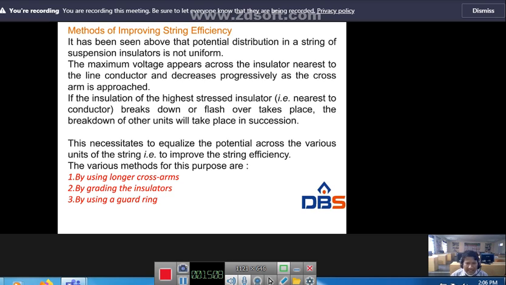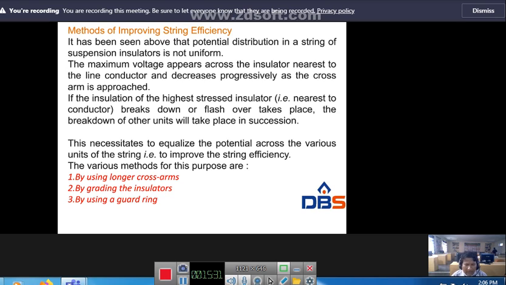The highest stressed insulator, that is the one nearest to the conductor, may break down because of flashover. Why? Because the highest voltage appears across V3 only. That means if flashover occurs, the disc nearest to the conductor will break down, and the other units may follow in succession.